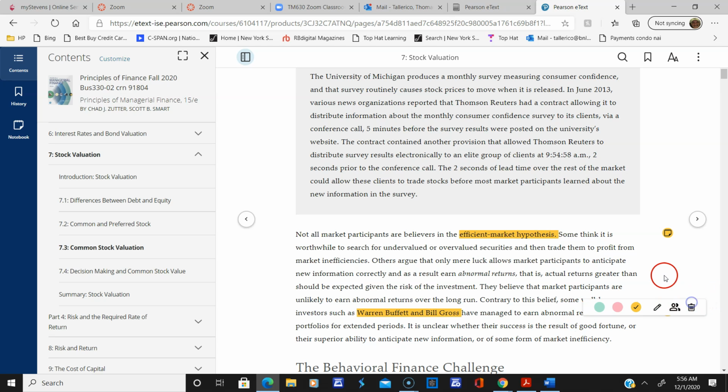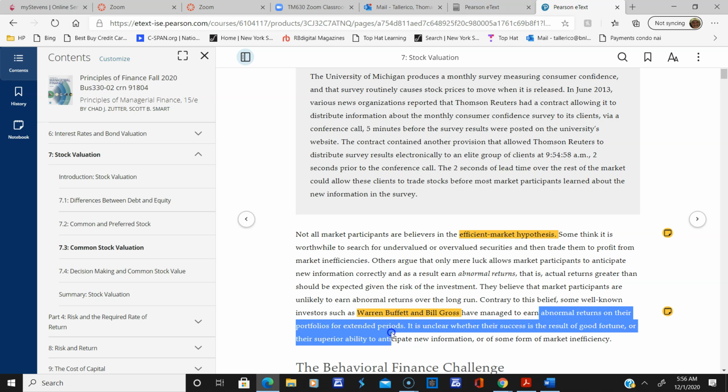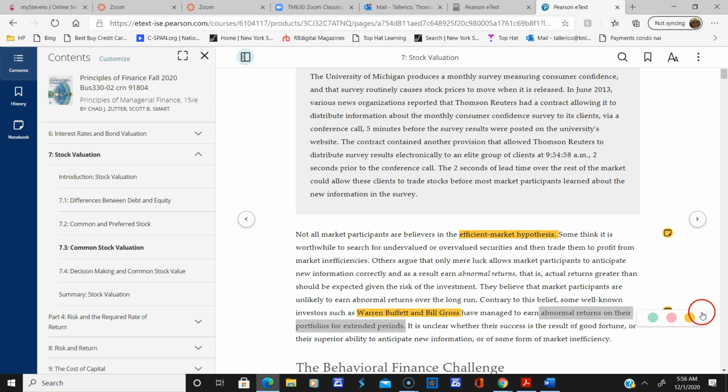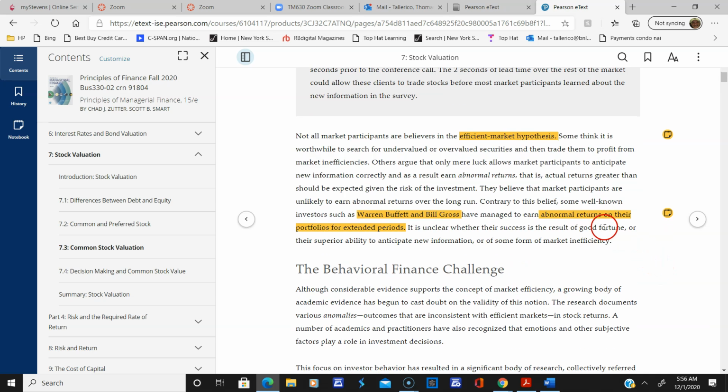They've managed to get pretty good abnormal high returns on their portfolios because they seem to have had some knowledge. I wouldn't call it inside information.